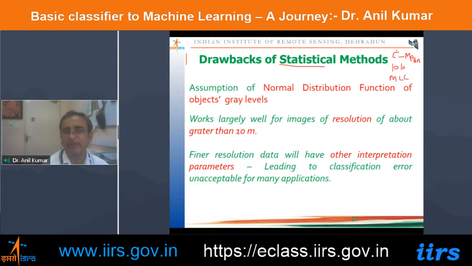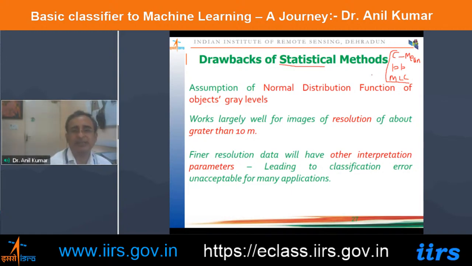These are the very basic algorithms which were developed, and they are basically under the category of statistical classifiers, because they were using statistical parameters: your mean, variance, covariance, standard deviation, minimum, maximum, and so forth.